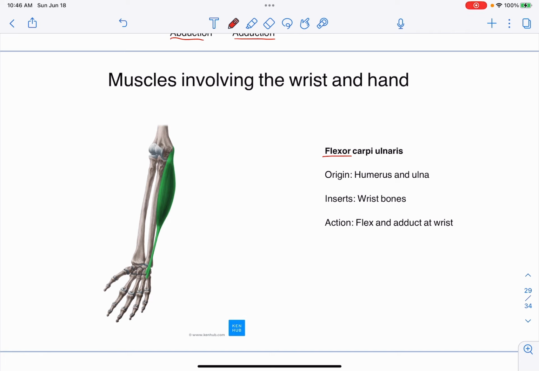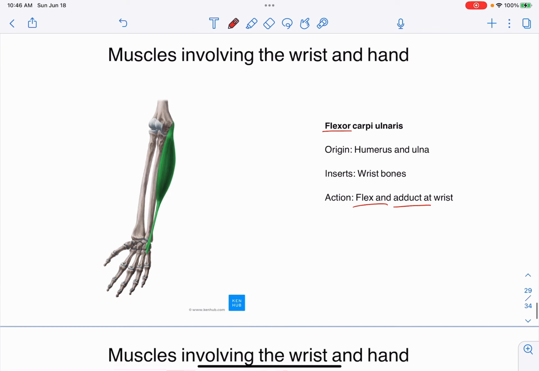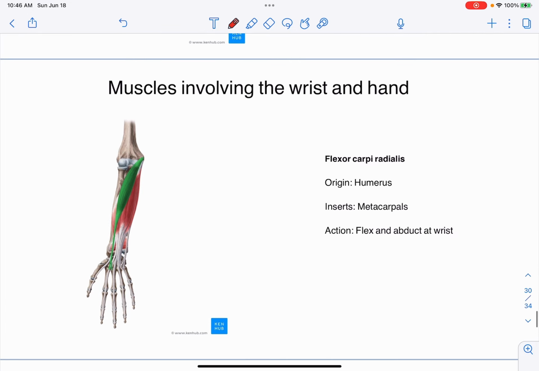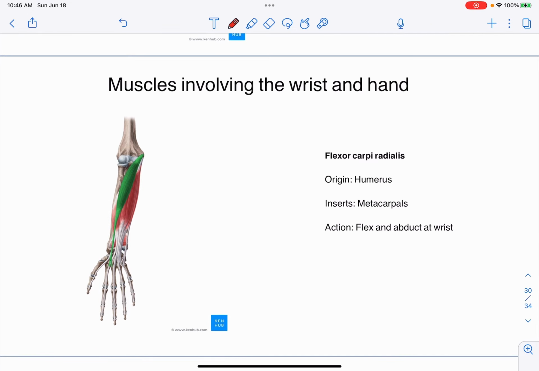So the first one is the flexor carpi ulnaris. Again, it's on the ulna side where the ulna bone is. And it has to do with flexion and adduction at the wrist. So that's the flexor carpi ulnaris. And then the other one, which is on the other side, is the flexor carpi radialis.